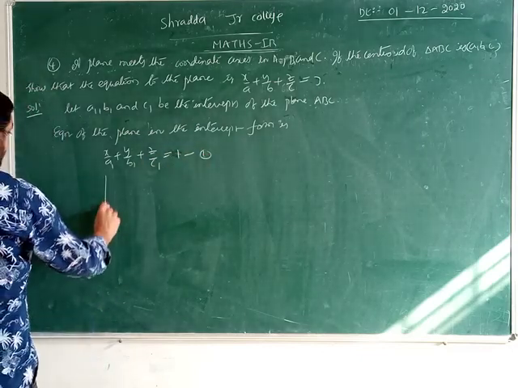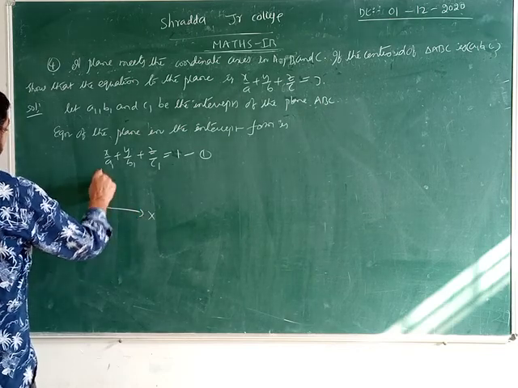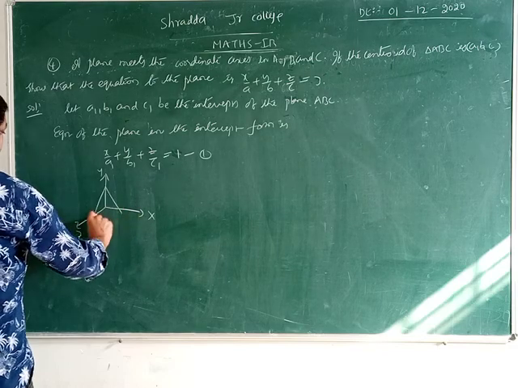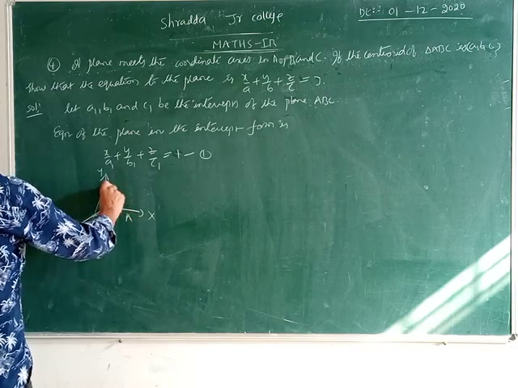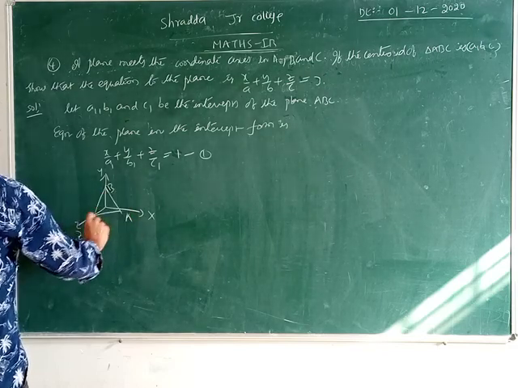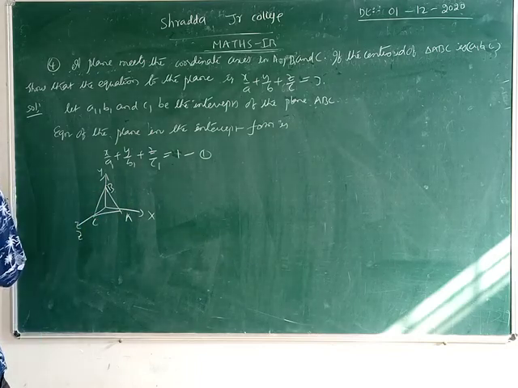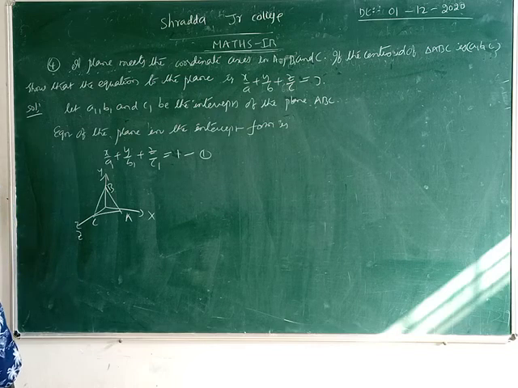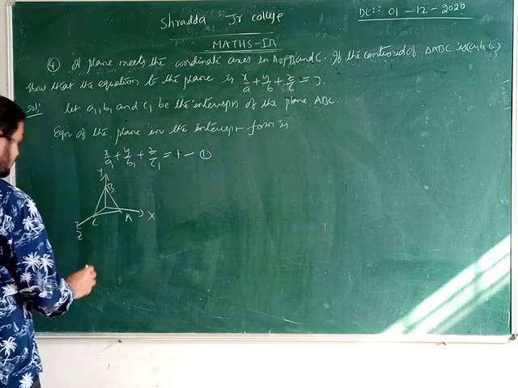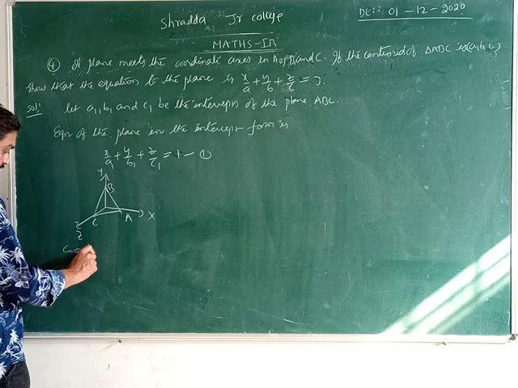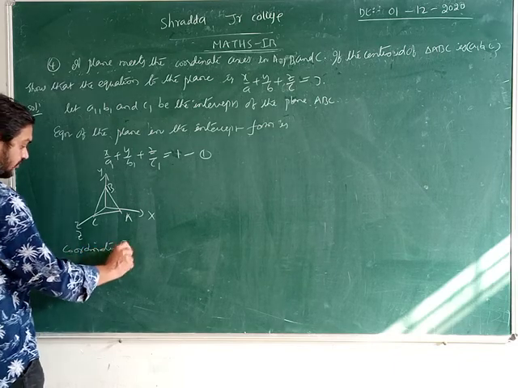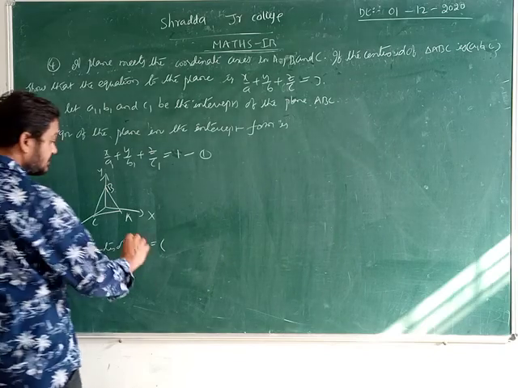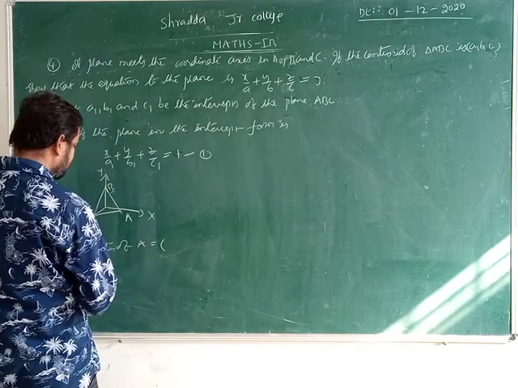You see the figure here, this is the x axis, y axis and z axis. Take the triangle having the vertices A, B and C. Now the coordinates of A, B, C. Coordinates of A lies on the x axis, that means y and z become 0.